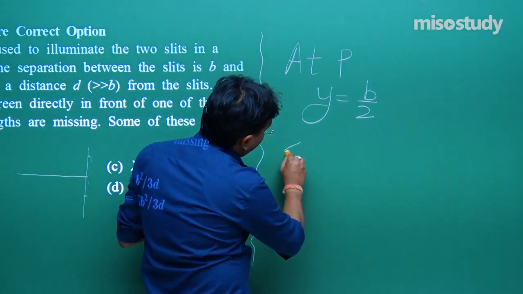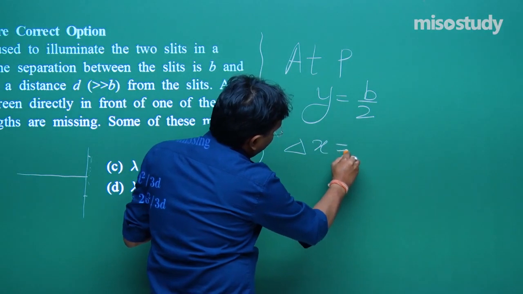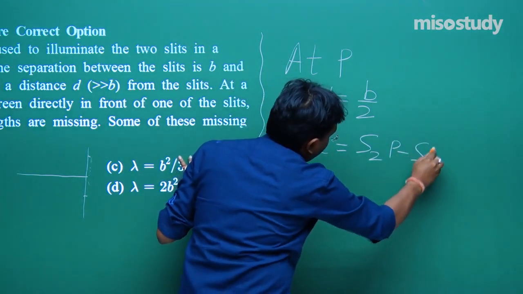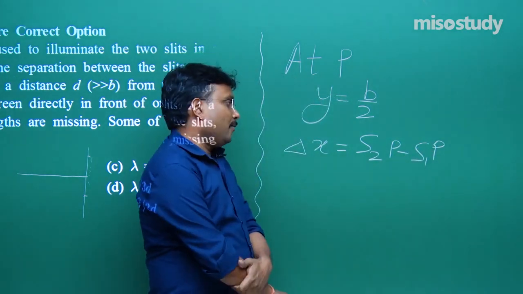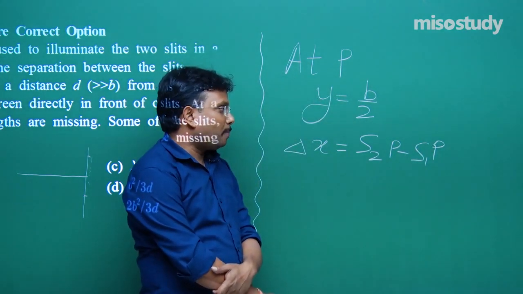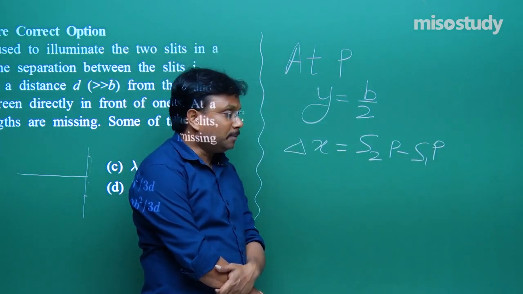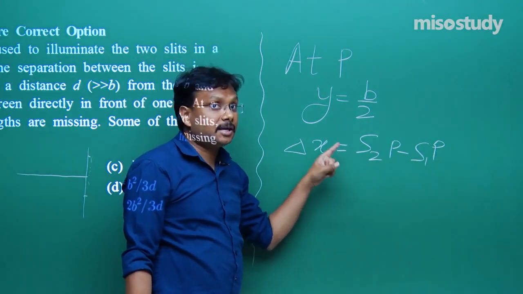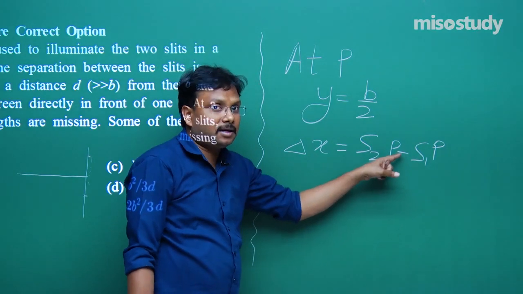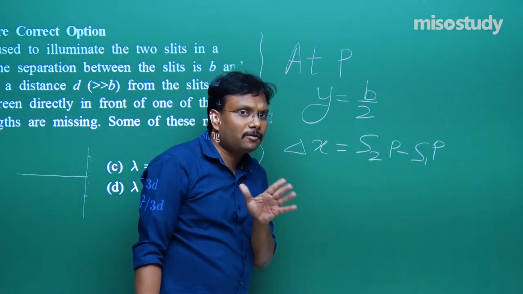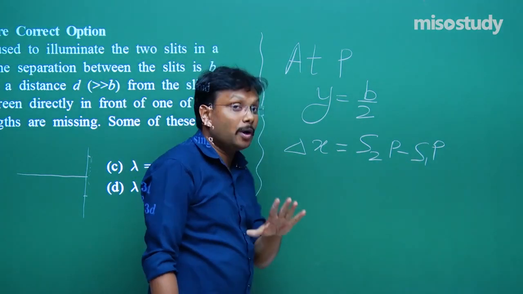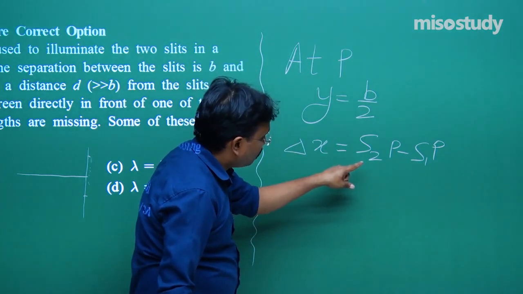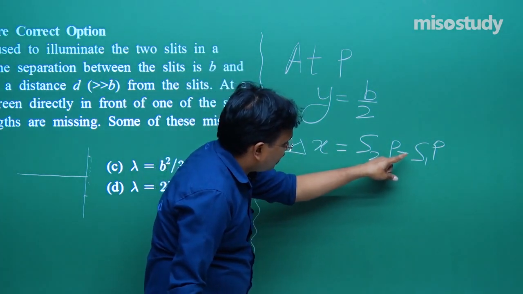Now, path difference delta x is equal to S2P minus S1P. When I presented this topic in my regular class, at that point of time I derived this result step by step. So, that is why I think if I am writing like this, you will not find it difficult if you are regular with our Misostudy videos. So, delta x is equal to S2P minus S1P.